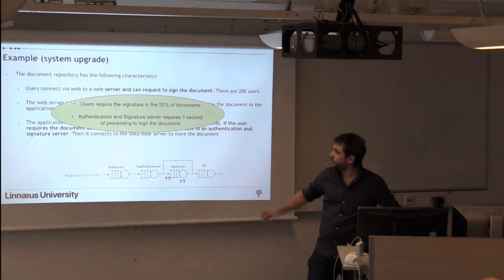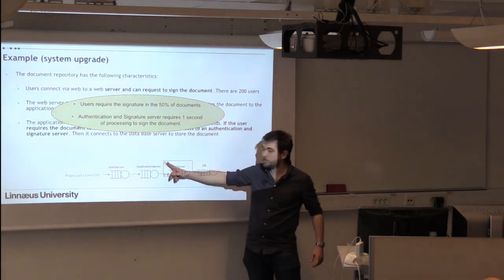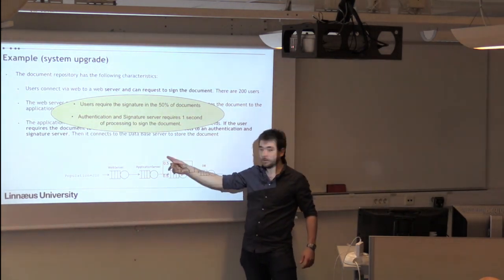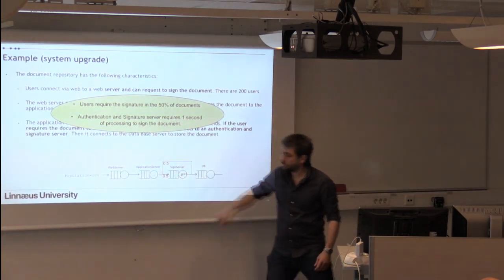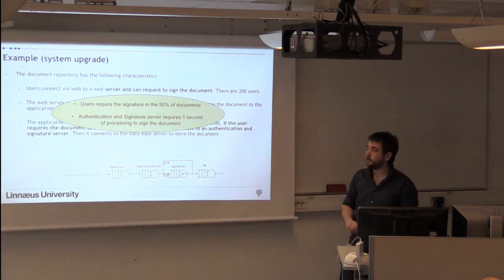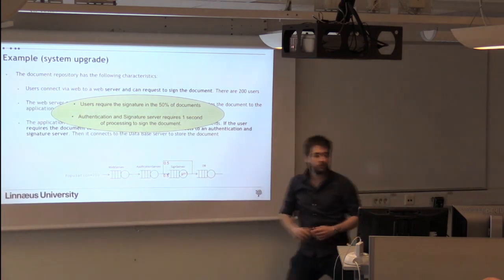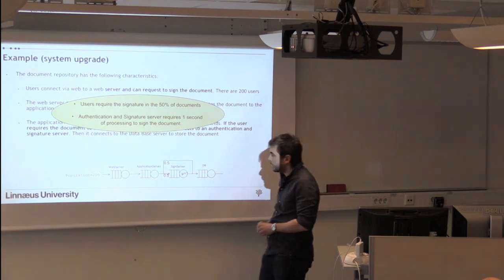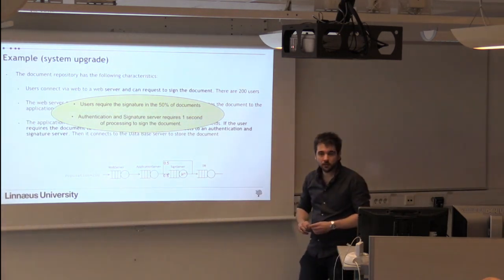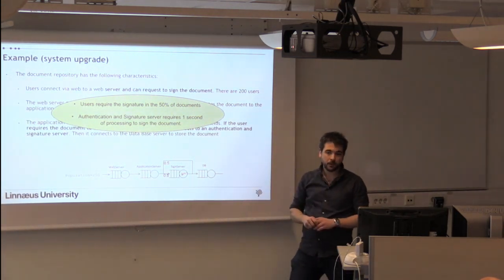So in this case, the 50% of documents, using probabilities, is like 0.5 and 0.5. And the service rate, 1 per second, because it requires 1 second. And so in this way, you create the queuing network from the problem description.